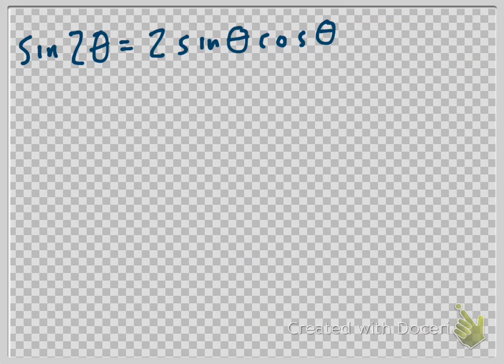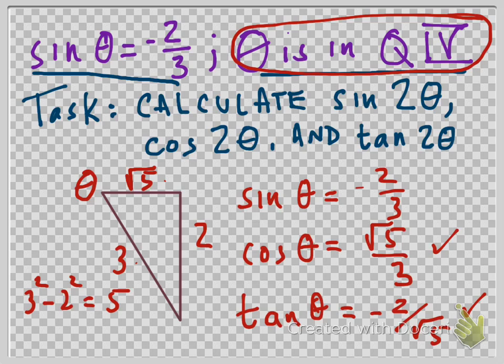So our first task was to find the sine of 2 times theta, which, if you recall from our double angle formula, is 2 sine theta cosine theta. And this is how easy this is. Going back here and looking at these numbers, all I have to do is use the sine of theta and the cosine of theta and plug those numbers into the formula.